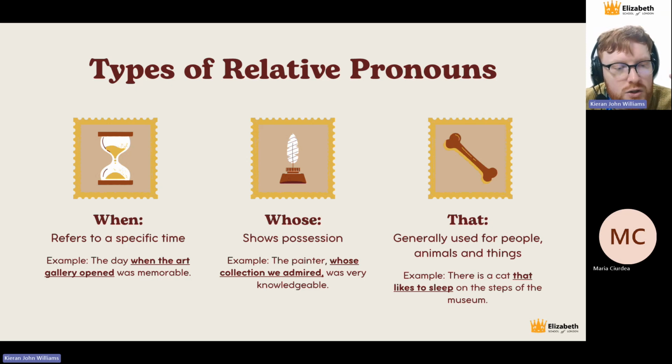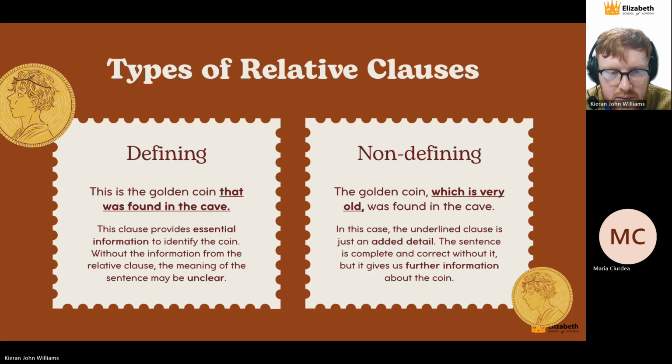So let's now look at relative clauses again in detail because we've said that they can define a noun or they can give extra information about a noun. And in those 2 situations, they are a different type of relative clause.